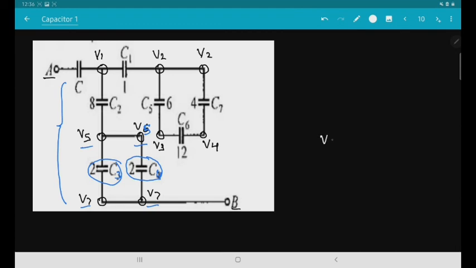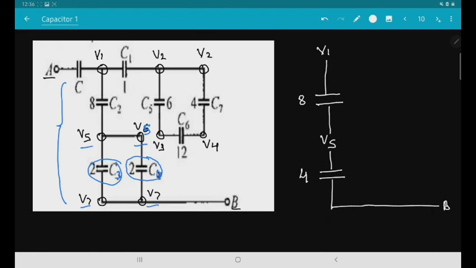We have this point V5 here, these are in parallel, so their capacitances will add, and we get a single capacitance here of 4. Again this point continues to be V5. Above this we have a capacitance of 8, that is C2, and we have this point V1 here.